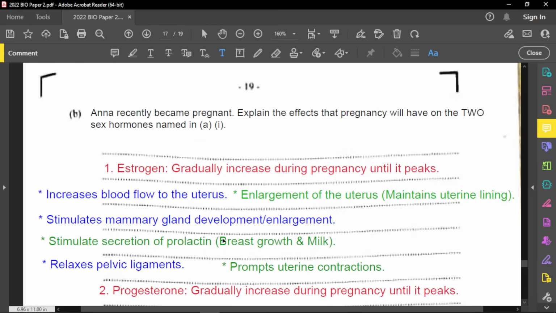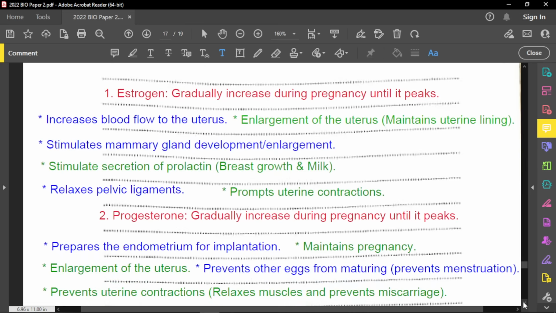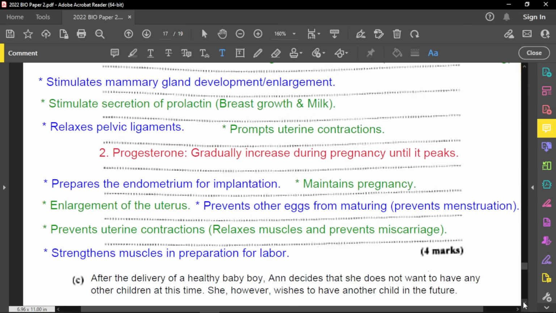Also, estrogen prompts uterine contractions, but this is not during the period of pregnancy. It is at the end of pregnancy, almost the end, when you want to contract the uterus to cause the amniotic sac to break and then start to release the child for birth.